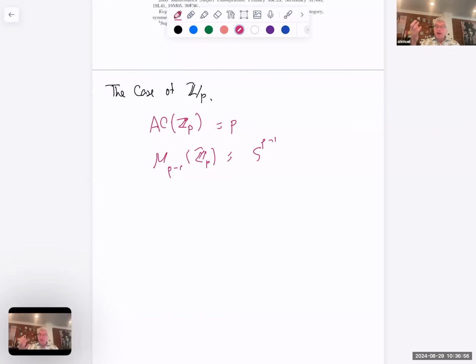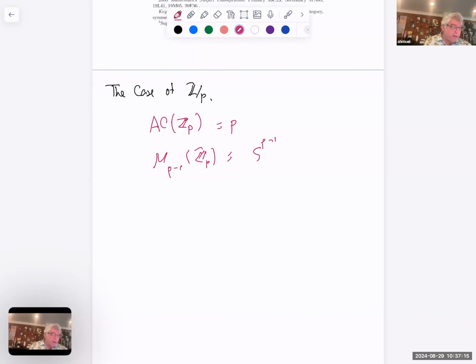What is it? It's everything in a P-simplex except for the top part of the simplex. It's all the faces of a P-simplex, so the boundary of the simplex. That's a sphere of dimension P minus 1.